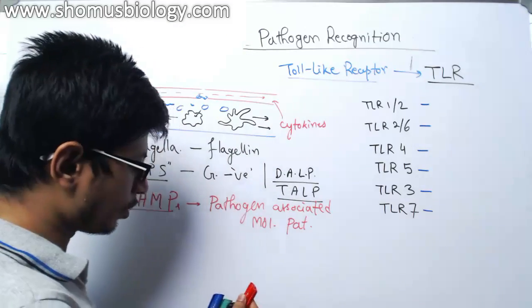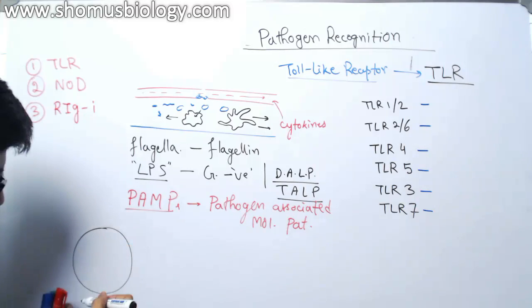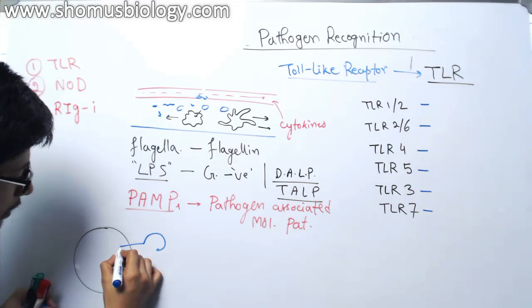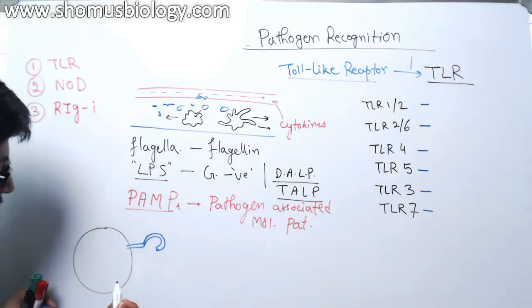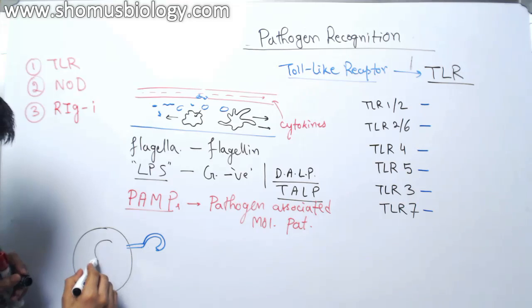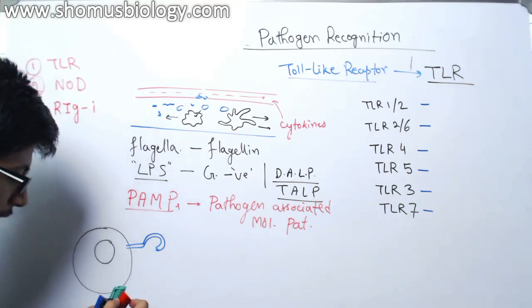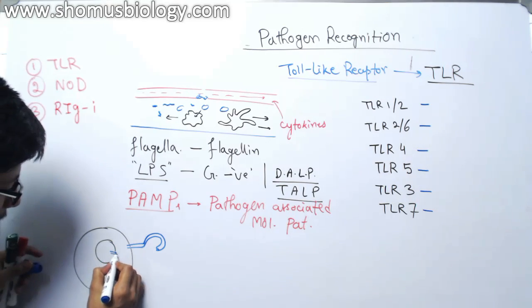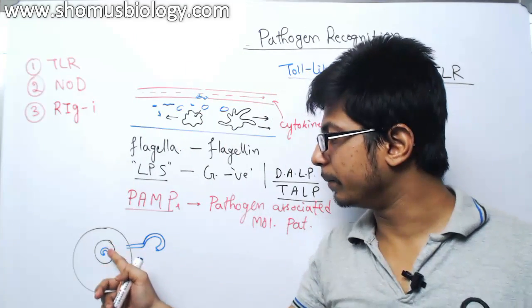If I draw the picture here, either these toll-like receptors can be found on the surface of the cell, exactly on the cell membrane, or sometimes even inside the cell there are vesicles formed, where inside the vesicle there will be fragments of the bacteria and the pathogen. They can also be present inside that vesicle. But ultimately they will be embedded with the membrane.